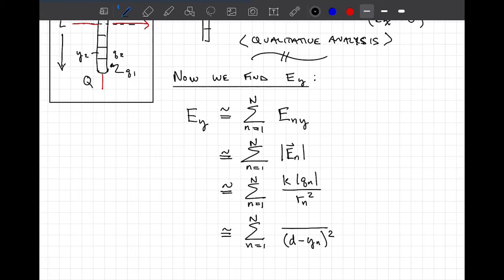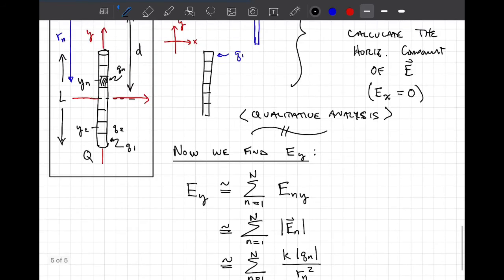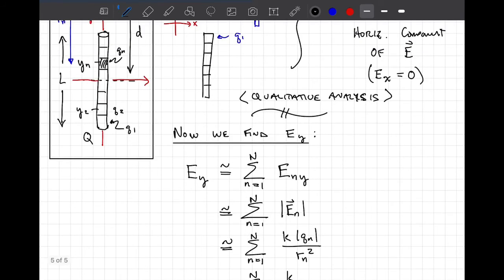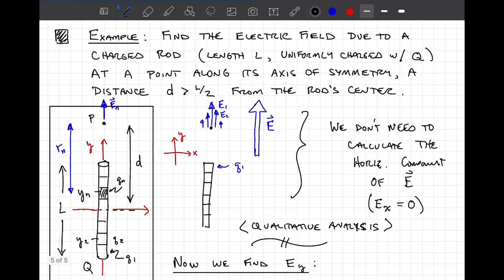So I've arranged for the distance, and I've written it in terms of the coordinate that I think I'm going to actually be constructing an integral for. Now I need to do something with the Qn, and that's where the charge density comes into play. So we have a uniform charge here, we were told up here.